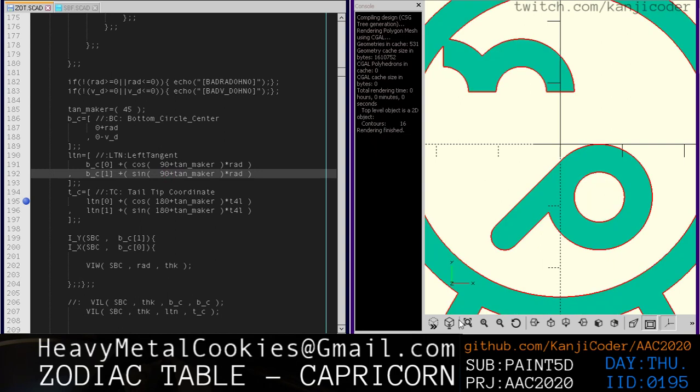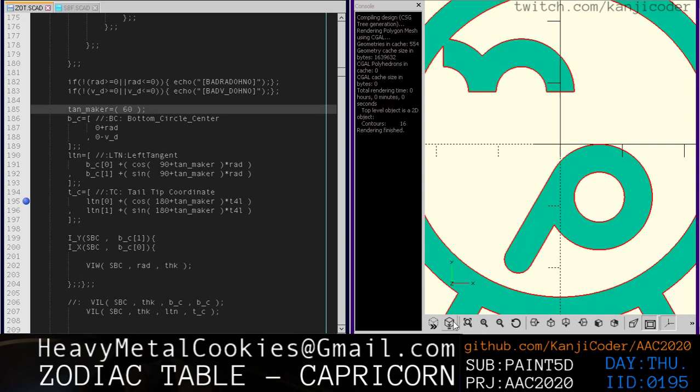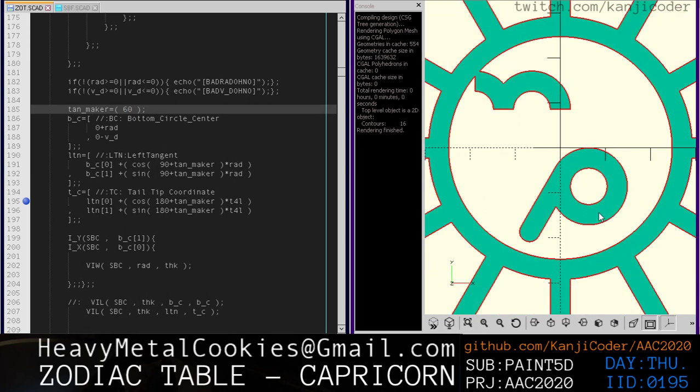90 plus 45. Right? And then, in terms of the angle coming down off of here, we want it perpendicular, so that means it's going to be 180 plus tan maker. Oh yeah, because another 90, right? So if we do that, now if we put a 60 in here, do we still get a tangency, right? Okay, so now we still have a tangency no matter what we do here. So that steeper angle, I think, is what we're going to go with.